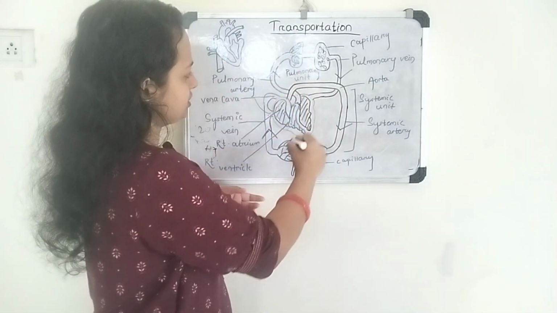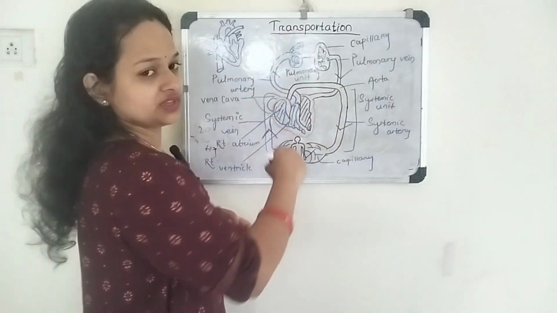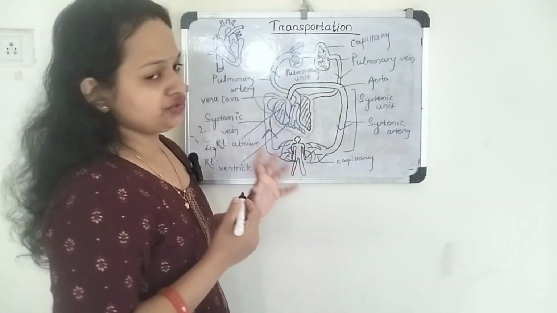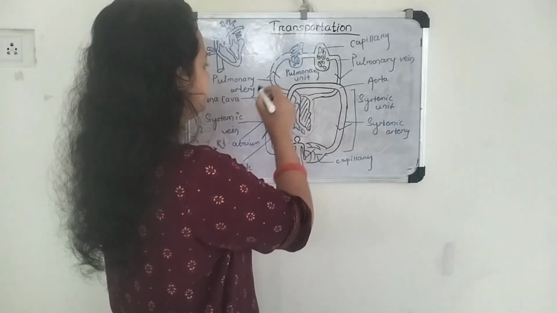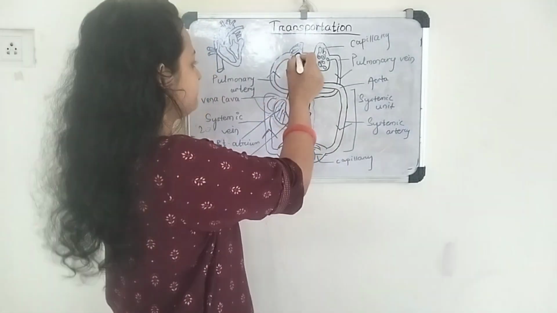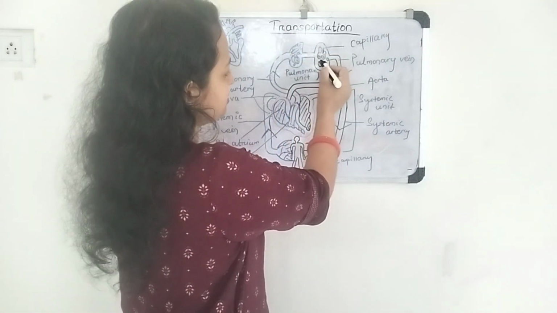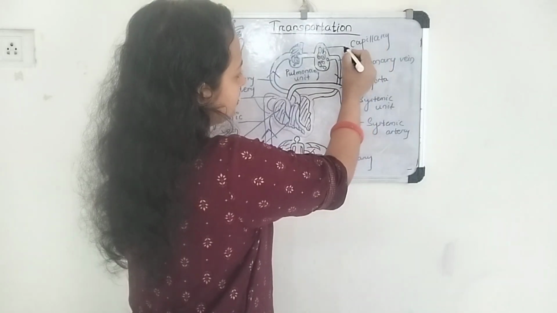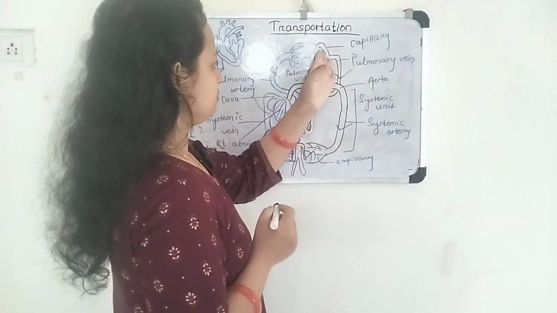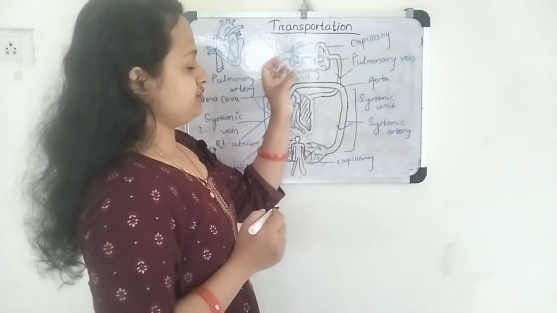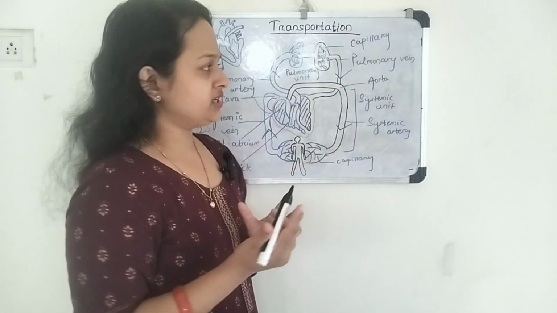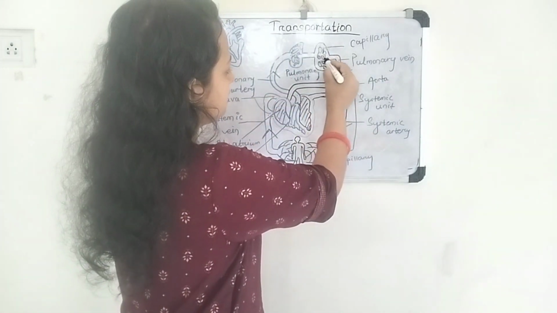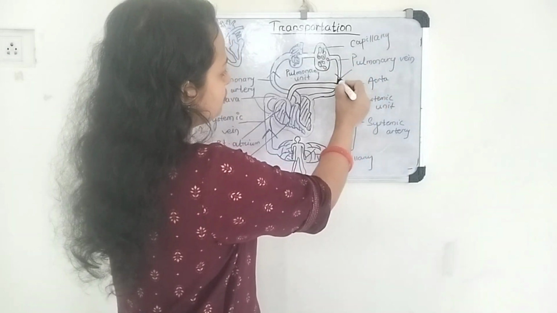This route is the pulmonary unit. In the lungs the blood becomes oxygenated through the capillaries, where oxygen mixes with the blood. Then the oxygenated blood comes through the pulmonary veins.